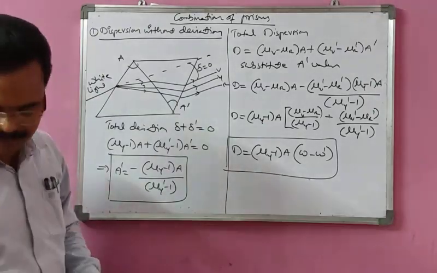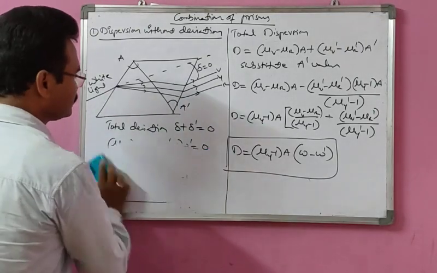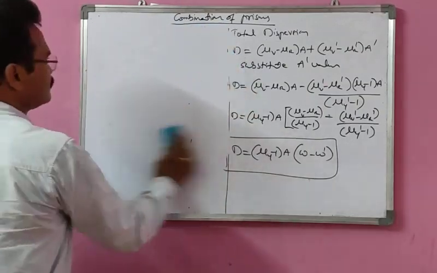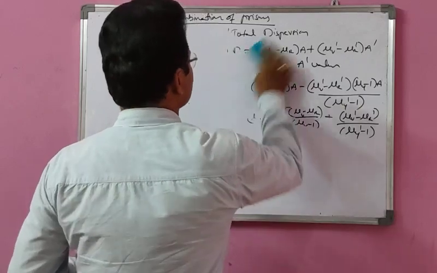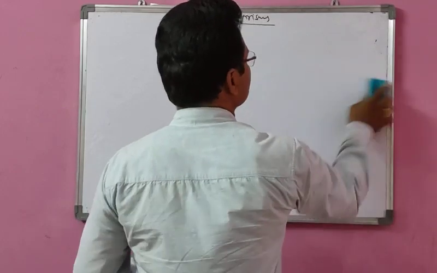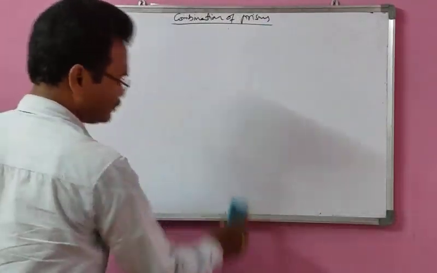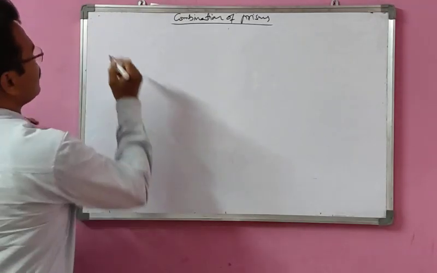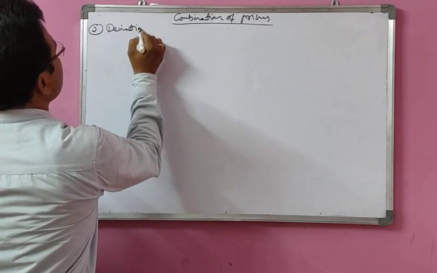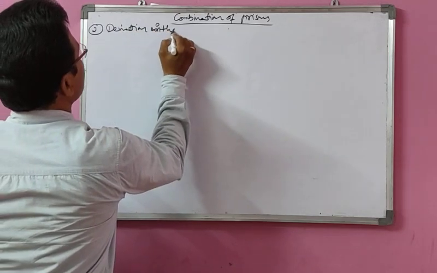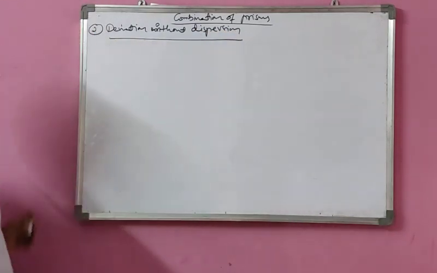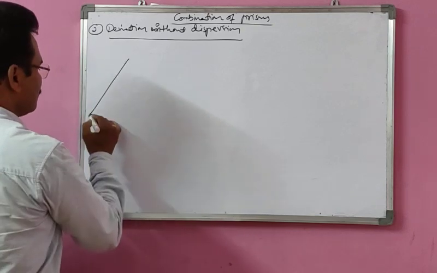Now let us continue. The second case is deviation without dispersion. Again for this, I'm going to take two prisms.